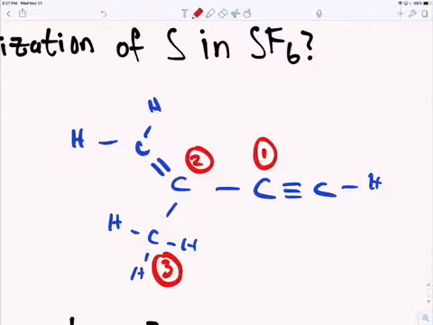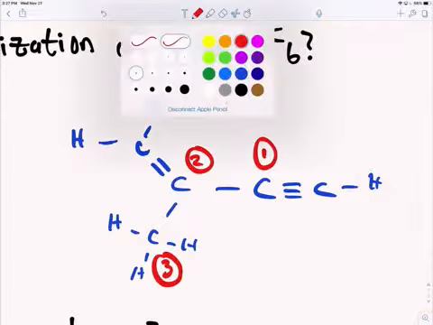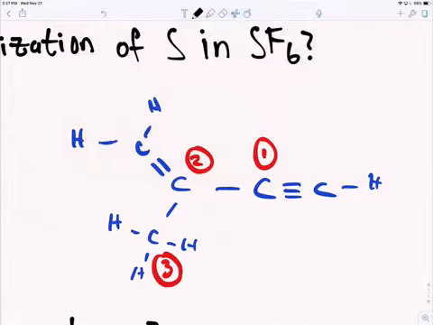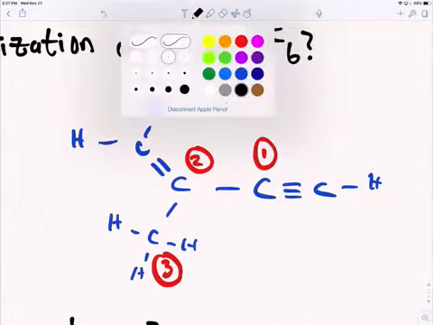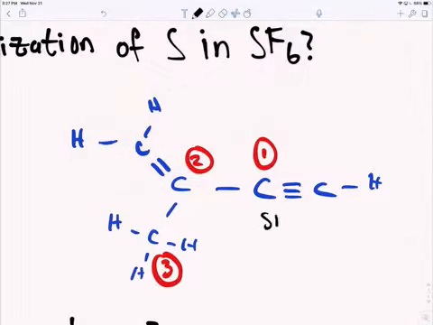One is sp. Okay, I'll write it in black. This is sp. This is sp2. This is sp3.